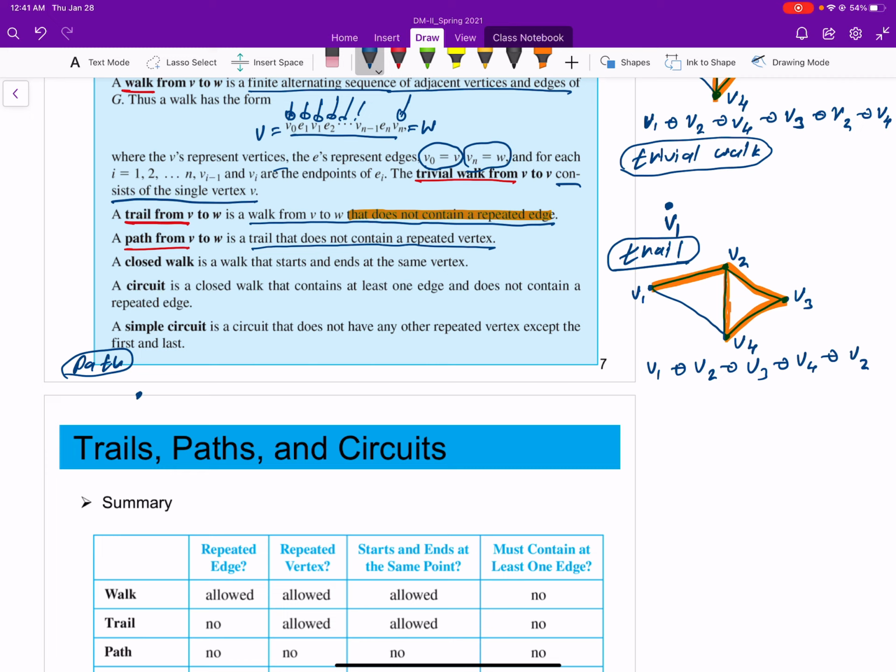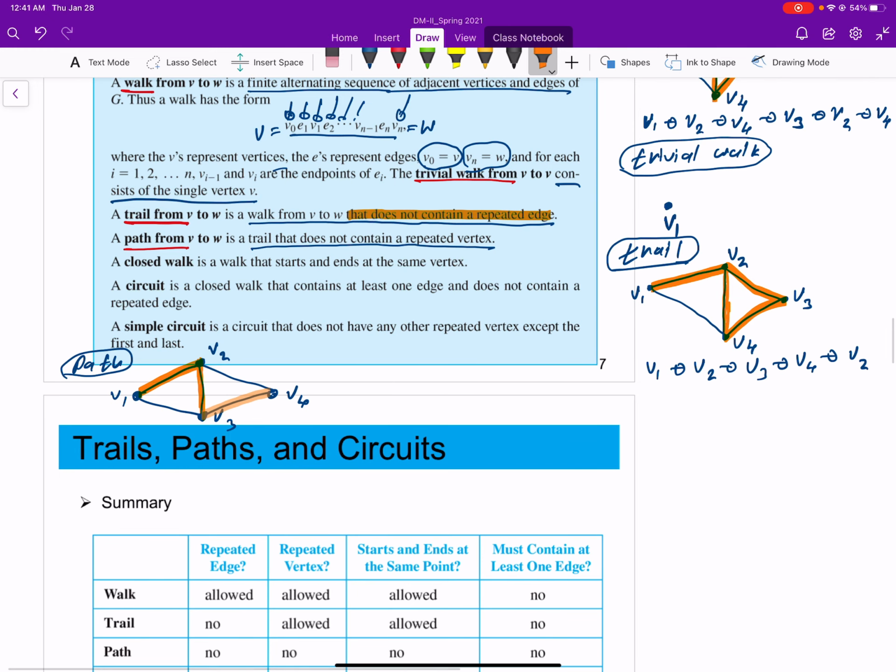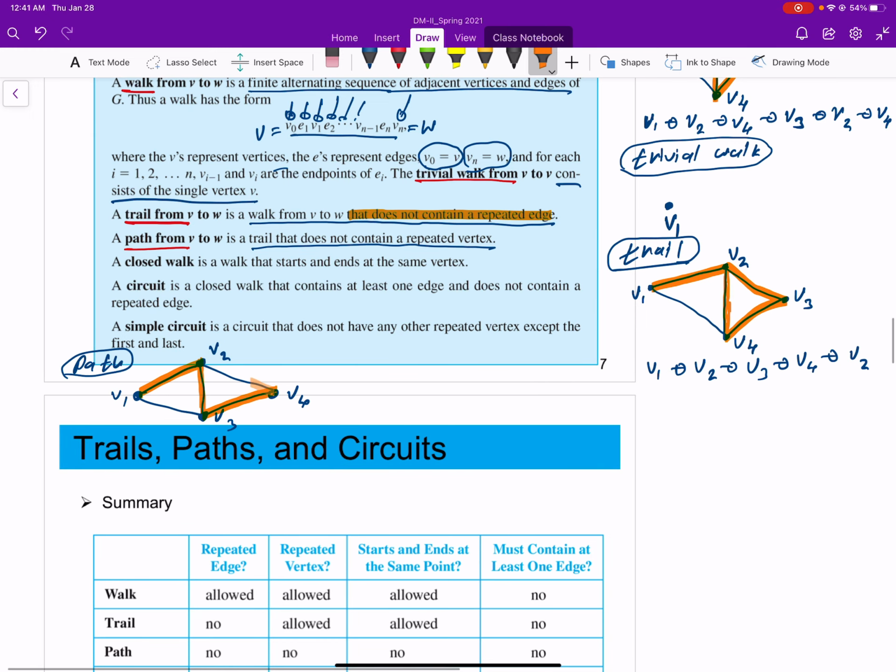Let's say this is V1, V2, V3, V4. Like this. All right, now you could go like that. You could go like this, down like that. And then you could go like that. And then you can come back like that.